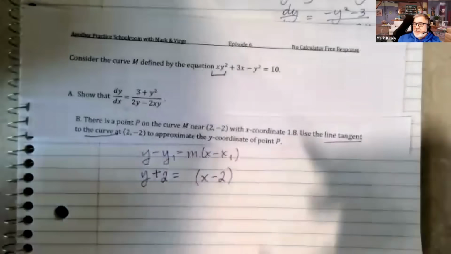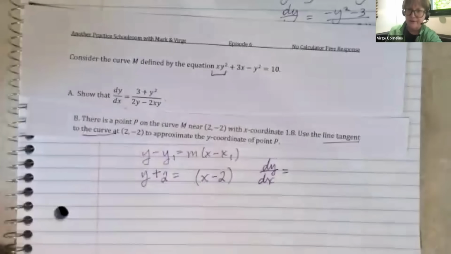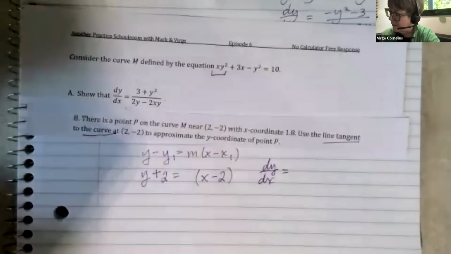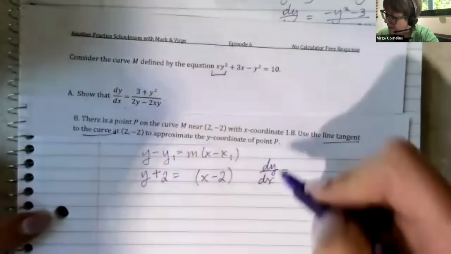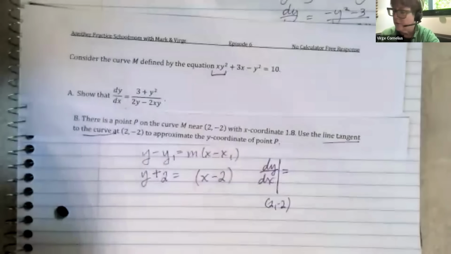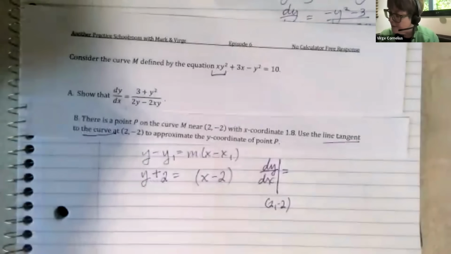I only had a recipe for my slope, right? dy/dx is going to be my slope. So dy/dx evaluated at the point (2, -2), notation that your teacher may or may not use, but I think it's a great notation in this context.